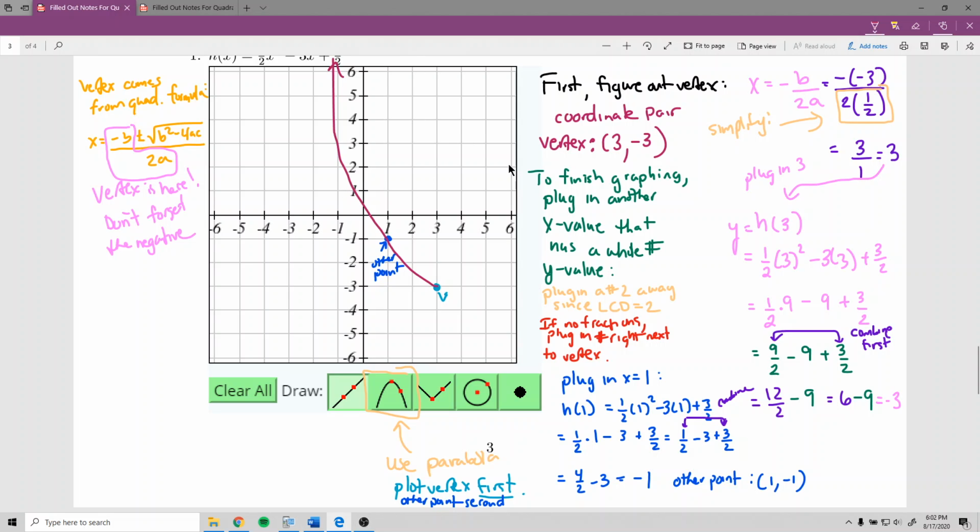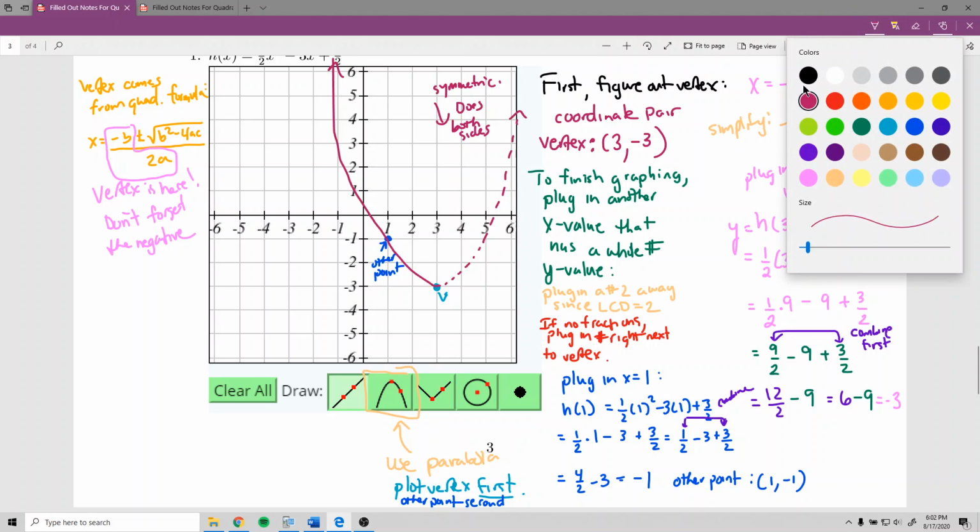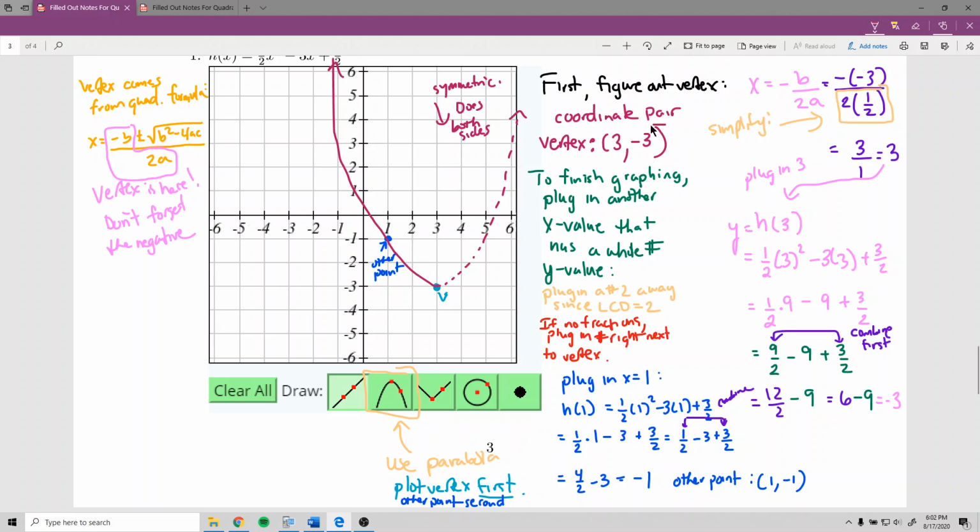And because it's symmetric, it'll trace this other side out perfectly. Alright, so we've made the graph.